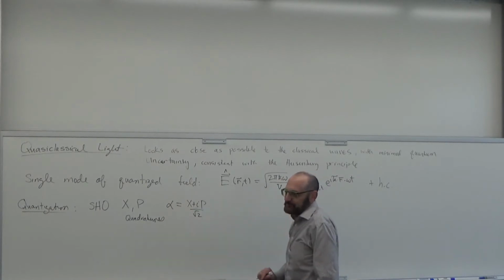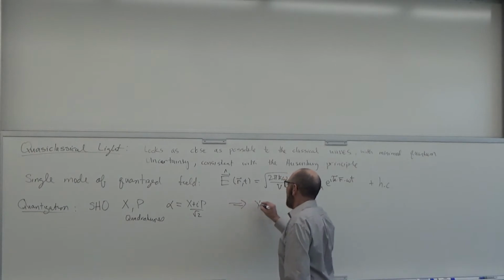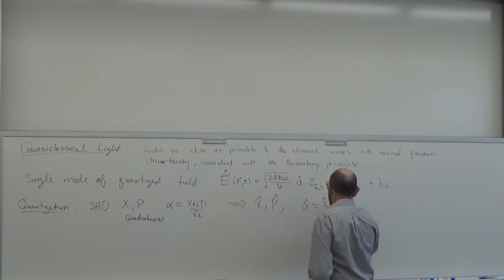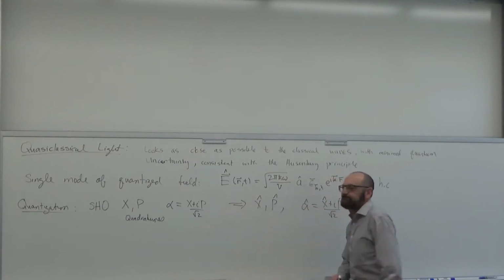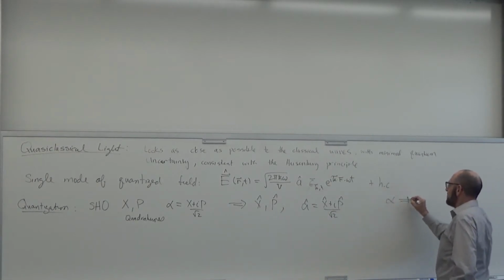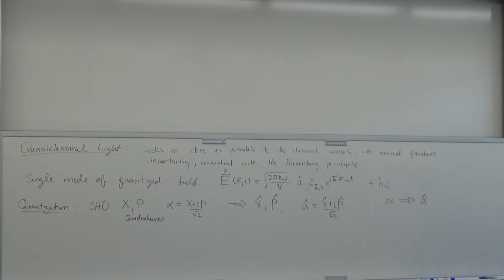Well, we just put a hat on it, right? So to quantize, we took the complex amplitudes and we turned them into these operators A, which we later realized corresponded to the annihilation operators that annihilated photons from the field, or lowered the Fock state ladder, right?